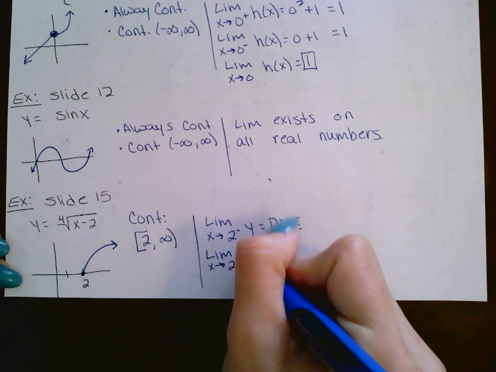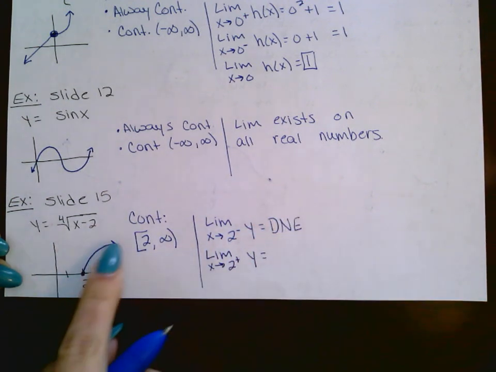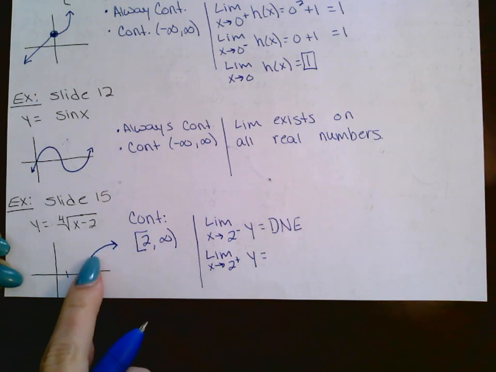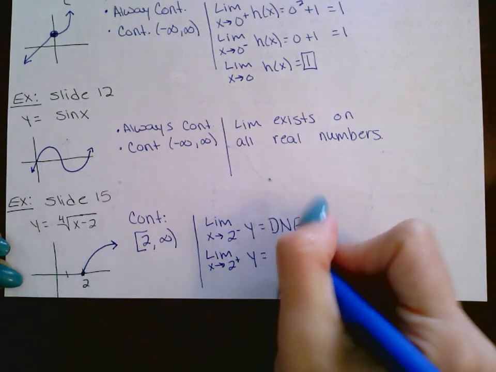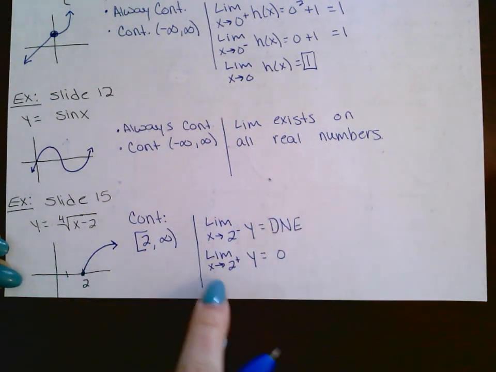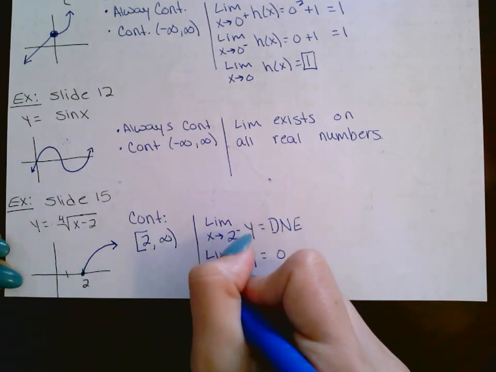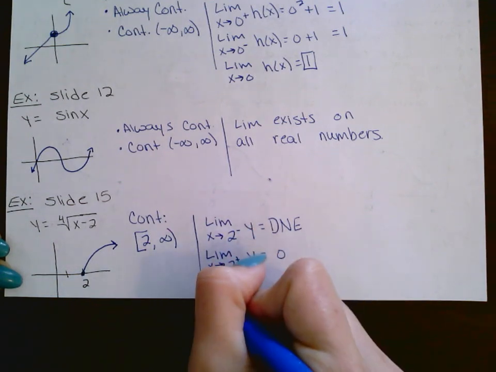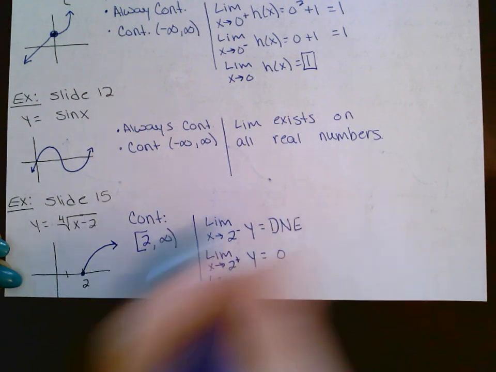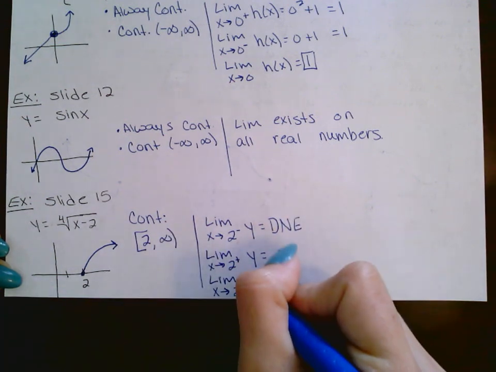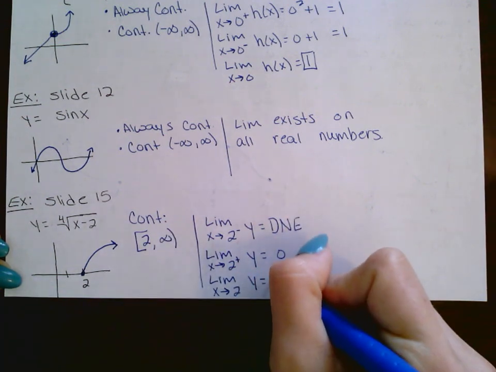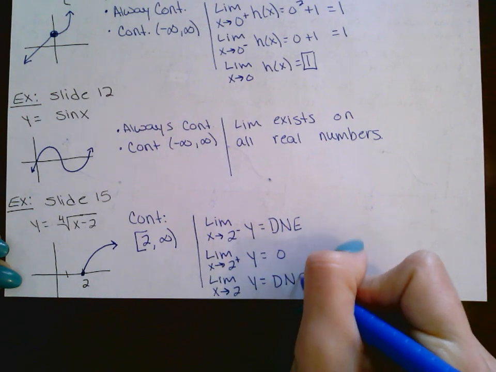When we analyze 2 from the right, we see that the function comes down and on the y value ends up hitting 0. So we can say a true statement about the right side of this limit, but then the limit as x approaches 2, because from the left side there is nothing happening, would also be a does not exist.